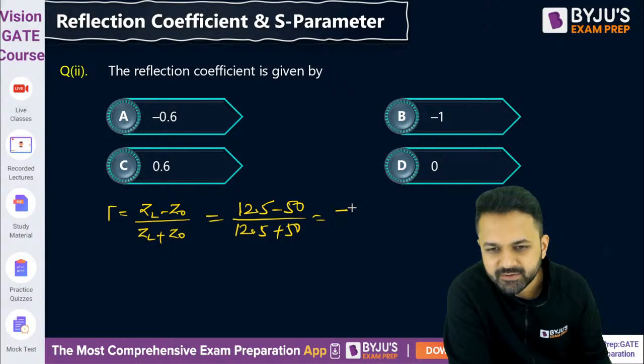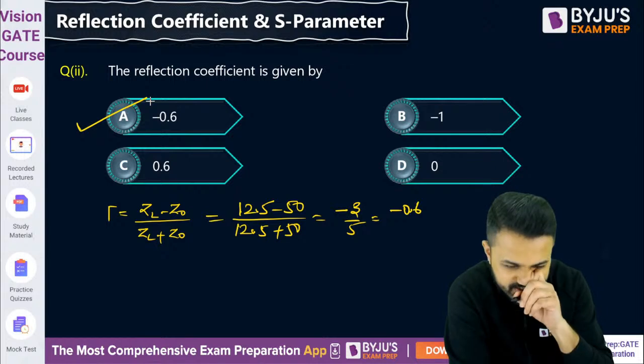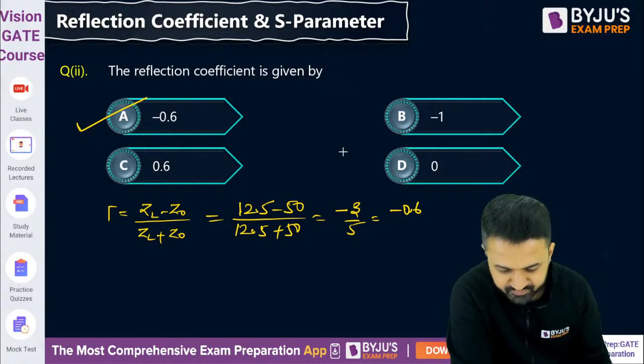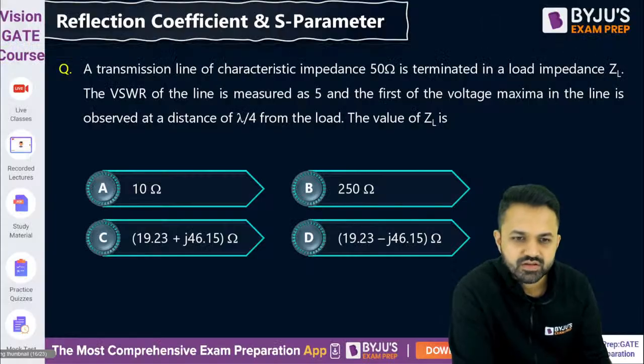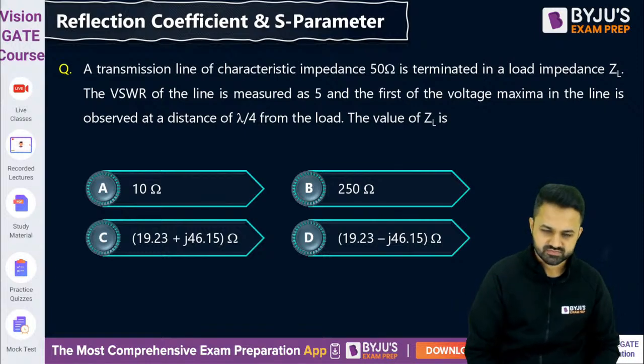You will get minus 3/5, that is 0.6. So minus 0.6. That is option A. Correct. Now answer this question.